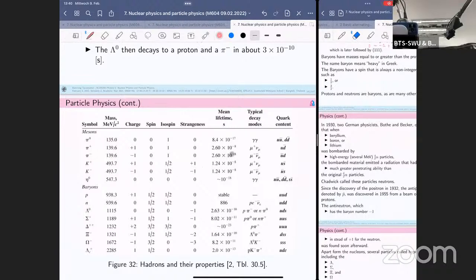The lifetime is very, very short, on the order of nanosecond, almost most of them. And pion 0 is very, very quick to decay, and the decay mode would be gamma, like we get the photon.